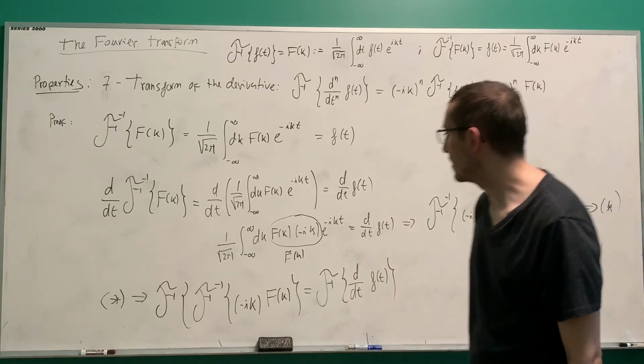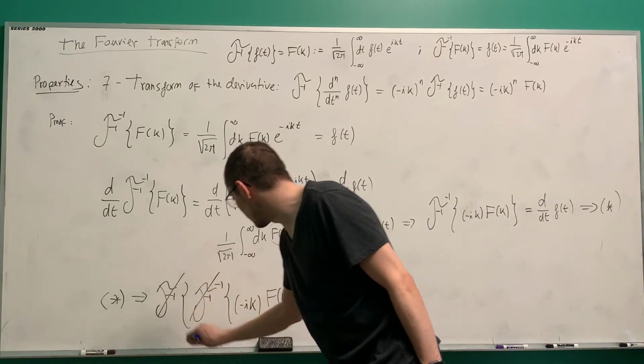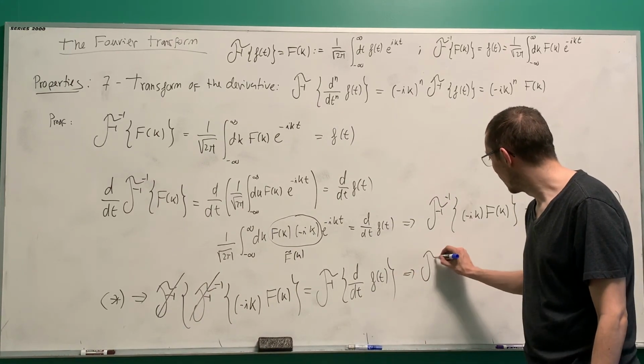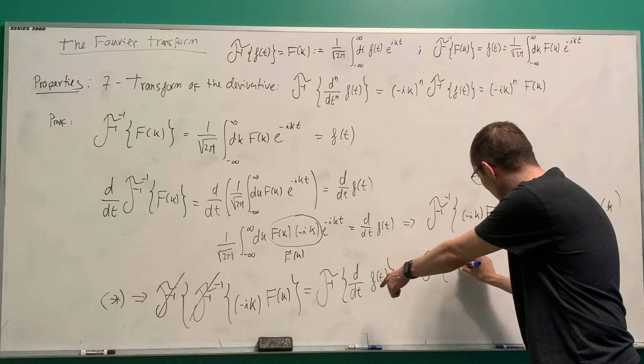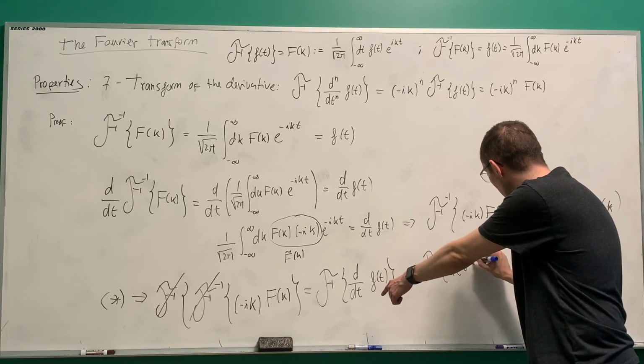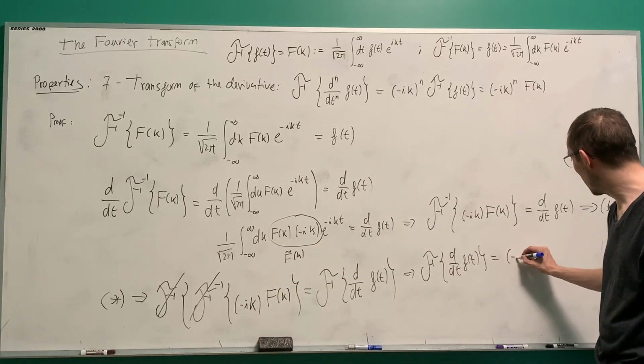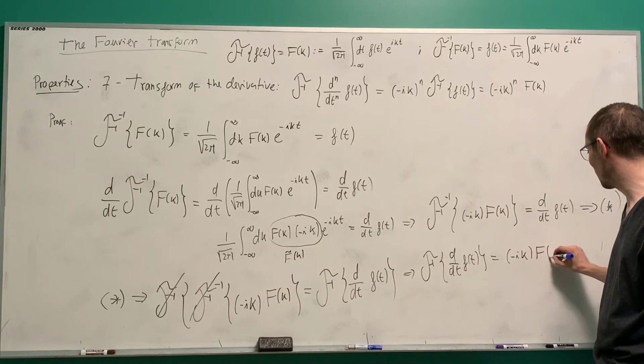Now the Fourier transform cancels the inverse Fourier transform, and we get the desired result: the Fourier transform of d dt f of t is equal to minus i k f of k.